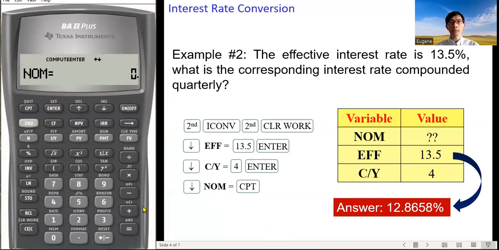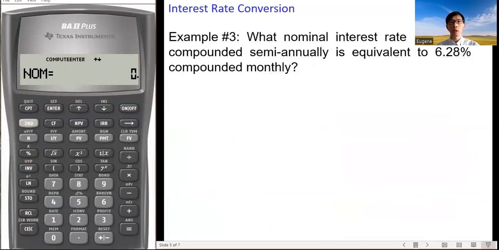Let's take a look at the next example. What nominal interest rate compounded semi-annually is equivalent to 6.28% compounded monthly? In this example, we are asked to convert between two different nominal interest rates.